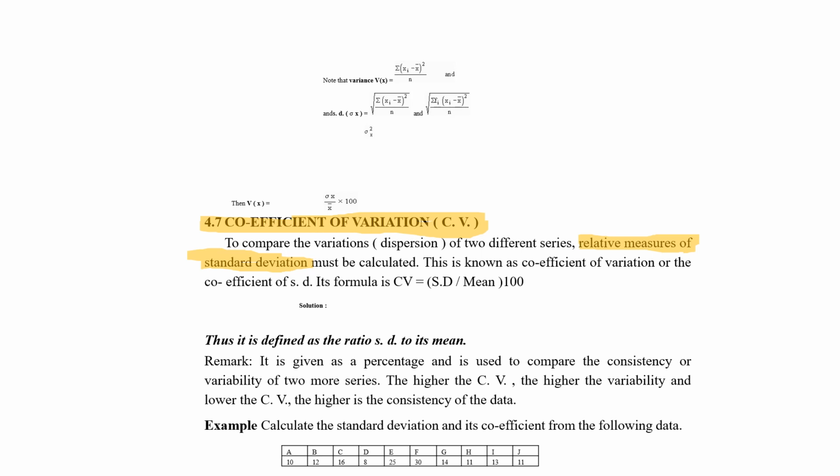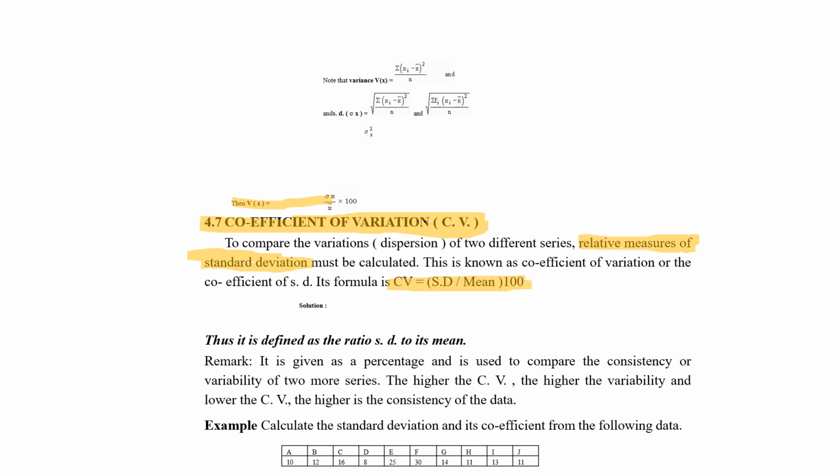Coefficient of variation, or coefficient of standard deviation, its formula is CV is equal to standard deviation divided by mean into 100.